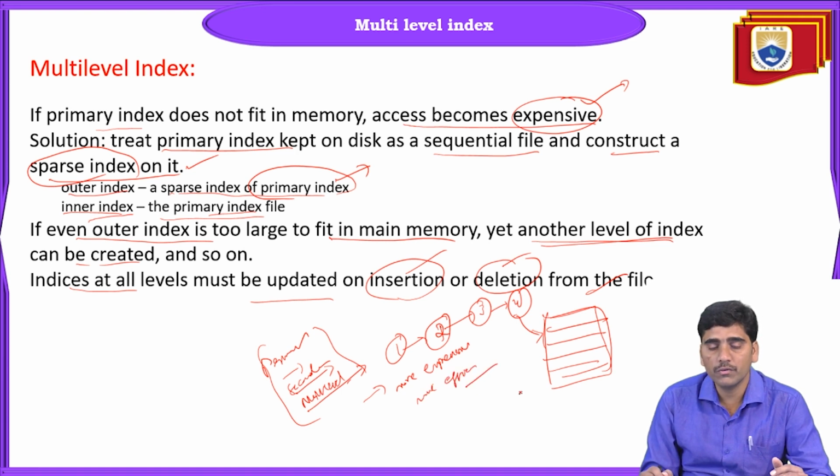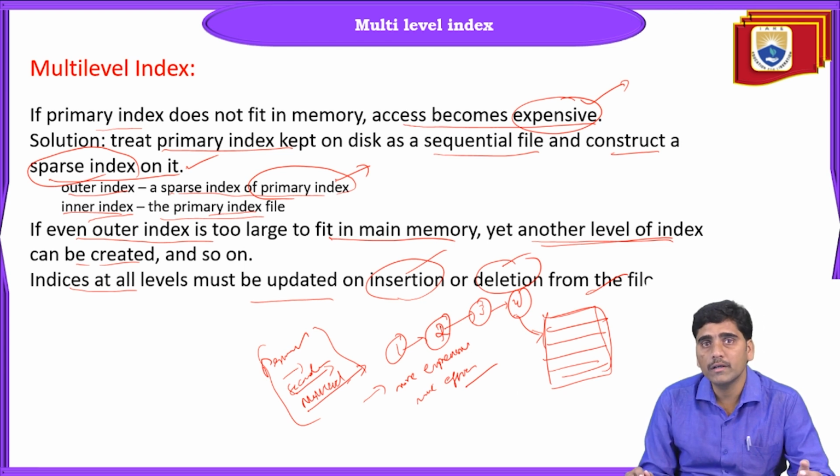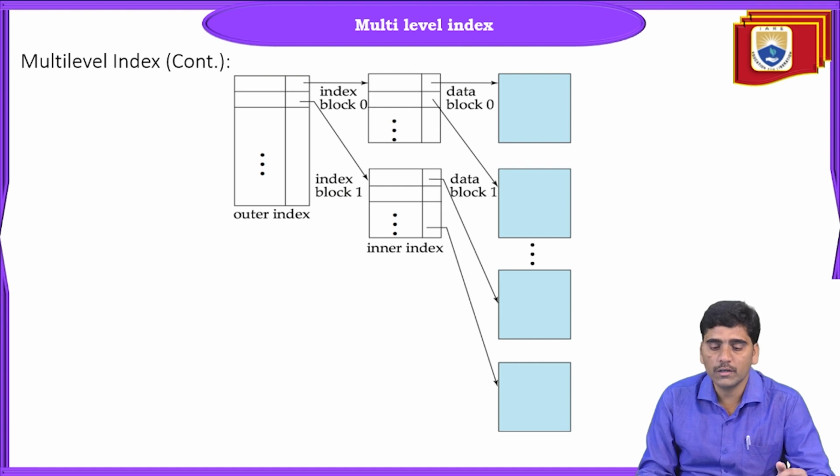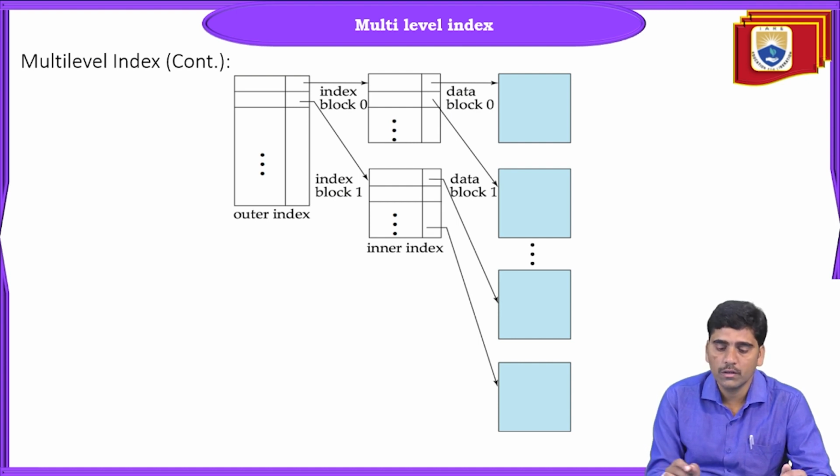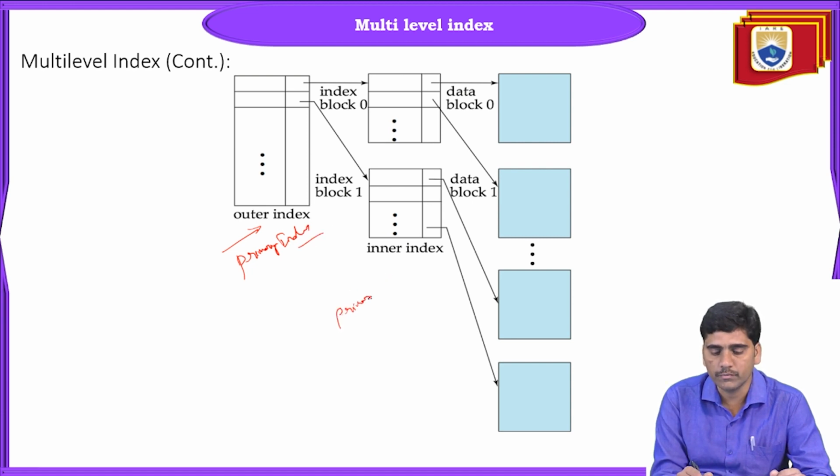This is why we choose a multi-level index, because the primary index does not fit into the main memory. Here we can look at multi-level indexes. This is an outer index which shows the primary index, and an inner index which shows the primary index files.